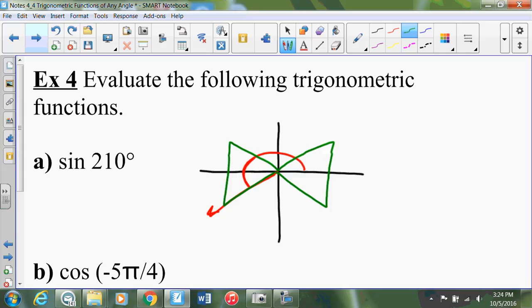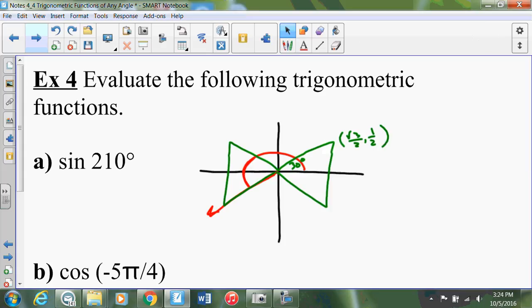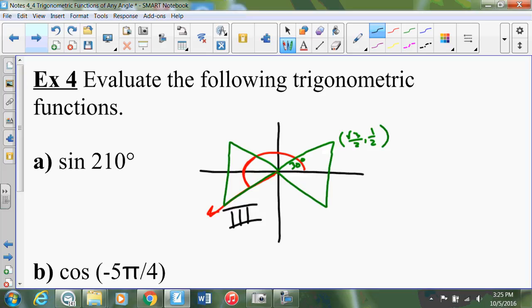So that means that my reference angle is in the first quadrant, and that is going to be root 3 over 2 and 1/2. So even though we are actually in the third quadrant, we can look at the sine value at our reference angle, which is 1/2, and then remind ourselves that we are in the third quadrant, so that means sine is negative in the third quadrant, and there you go.